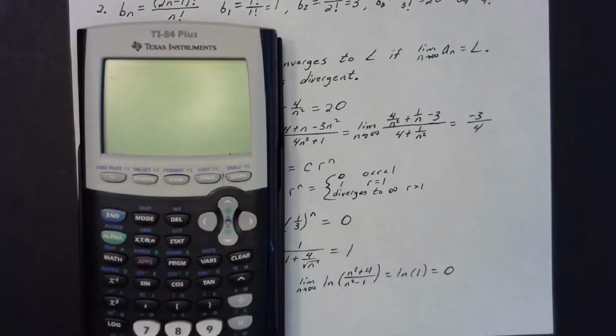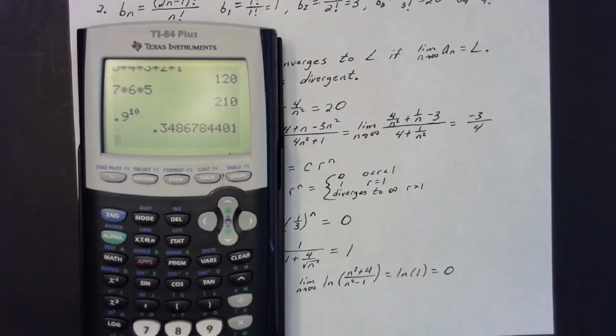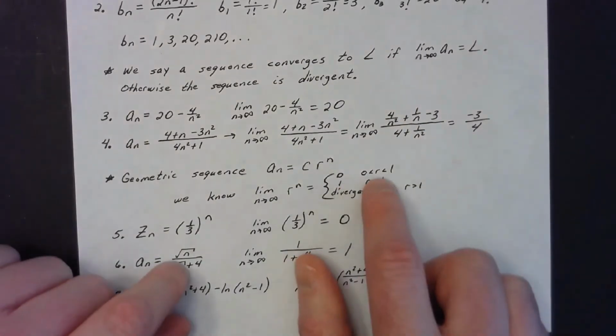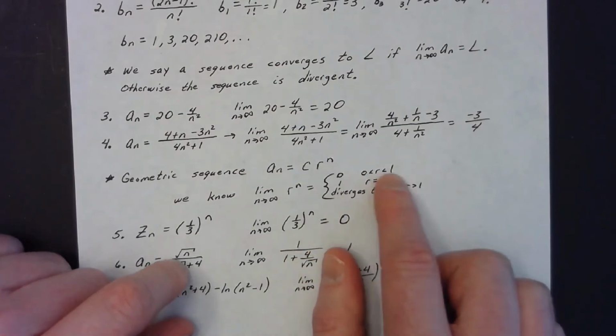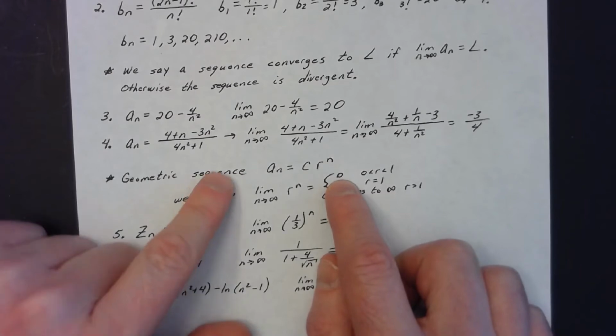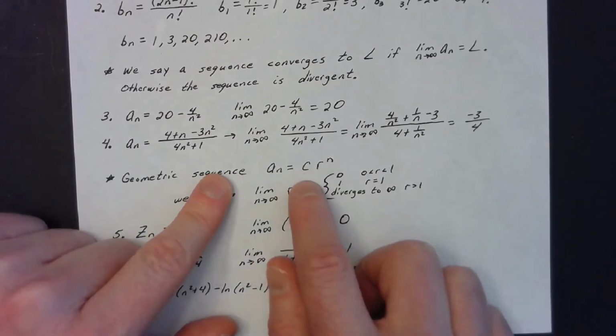Just think of that. Even if r was 0.9, and let's say I raise it to the 10th power, it's already going to be small at that point. Notice it goes all the way down to 0.34. If I say 0.9 raised to the 50th power, notice how much smaller it gets. So n is going off to infinity. Clearly, if r is any value between 0 and 1, that geometric sequence is going off towards 0. And again, c times any number going to 0 is going to go to 0.